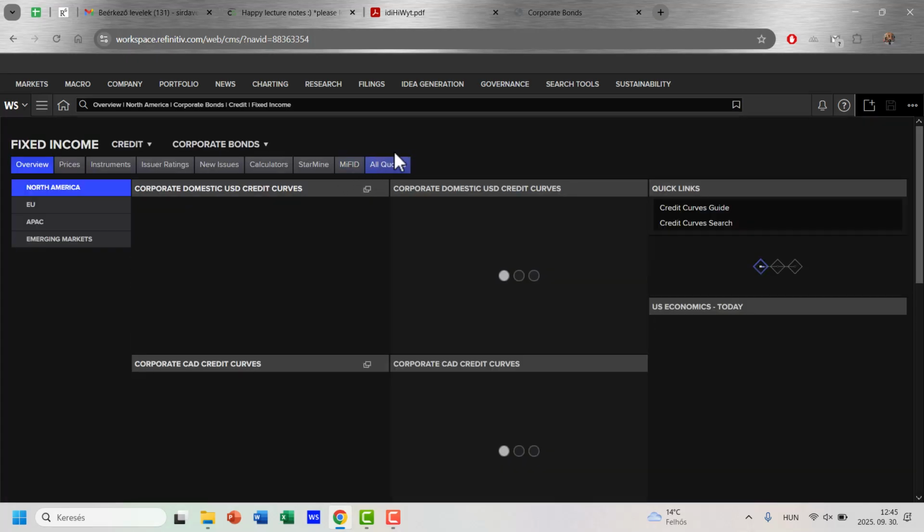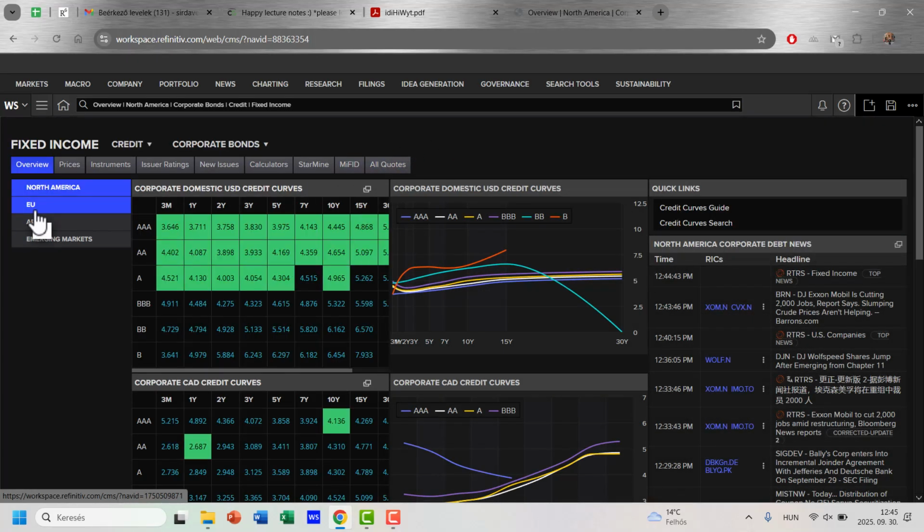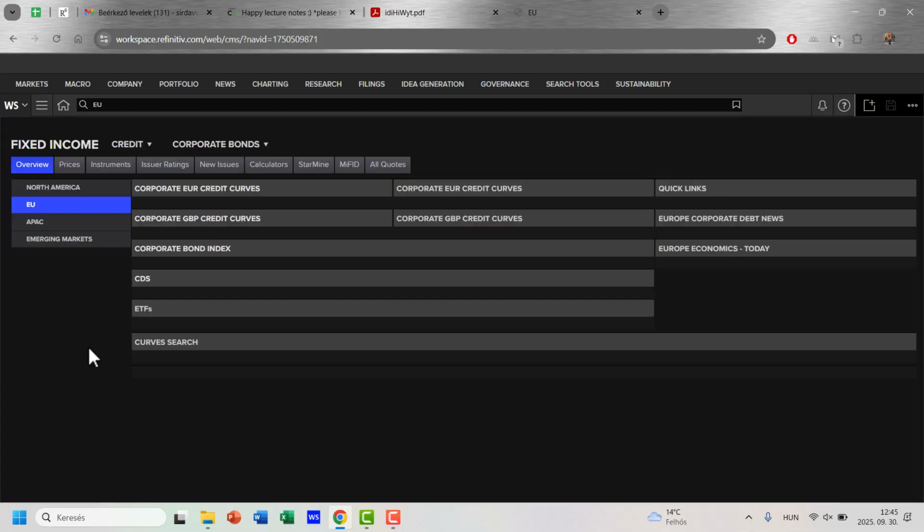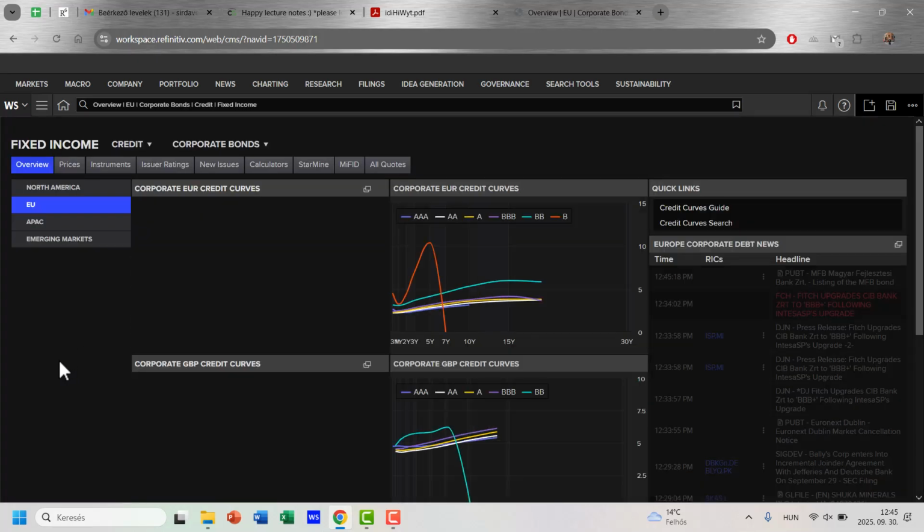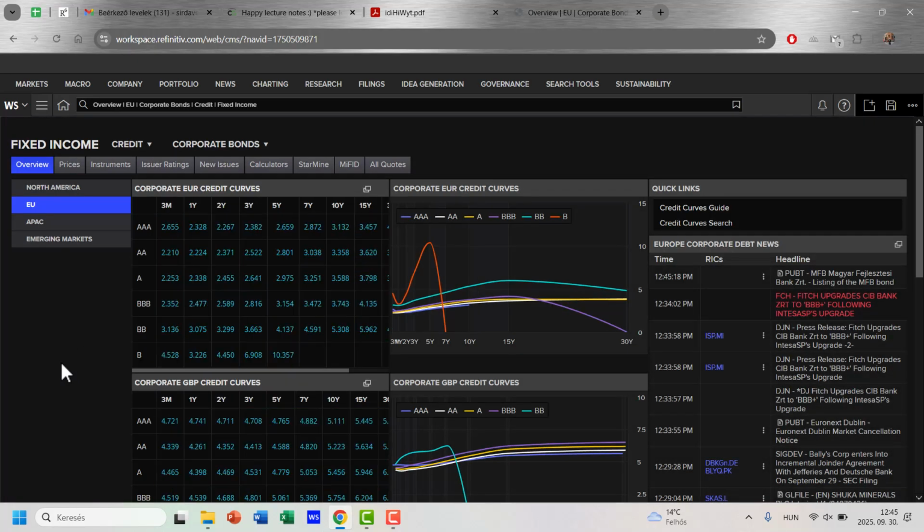So if you are checking the EU, then we always have to check the yield curves or credit curves, doesn't matter. Here we can see that if someone is B rated, then, oh my god, today for a 5-year bond they have to pay 10% interest.